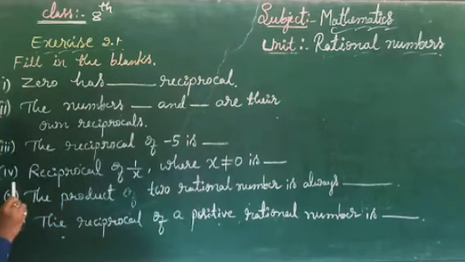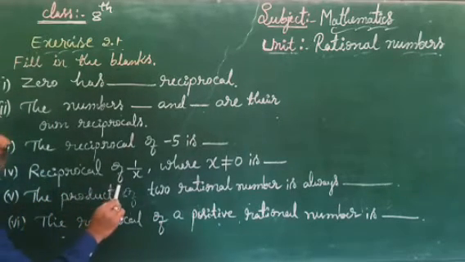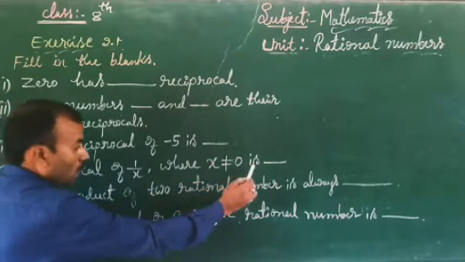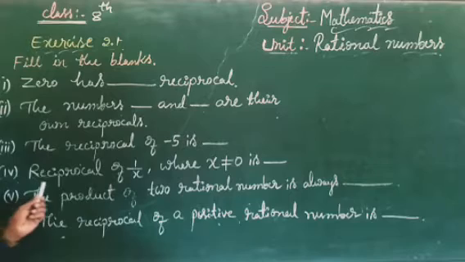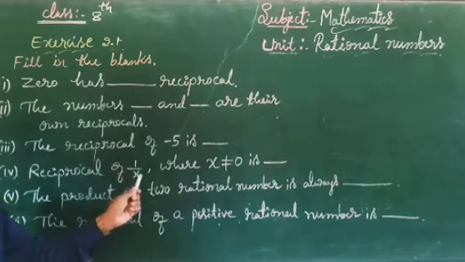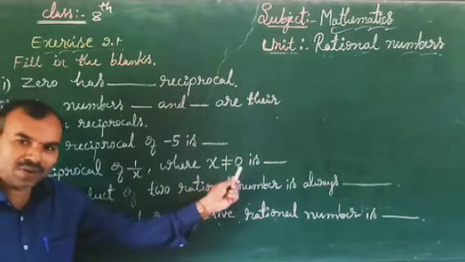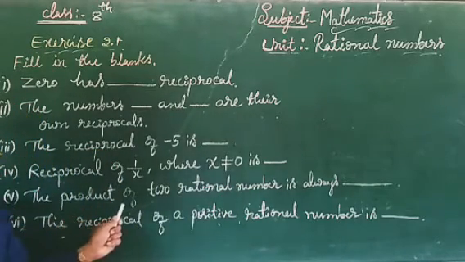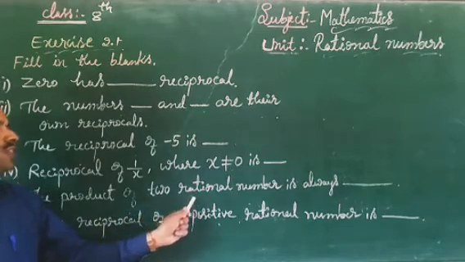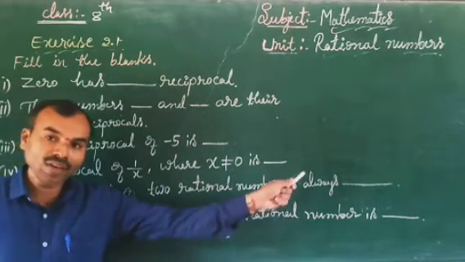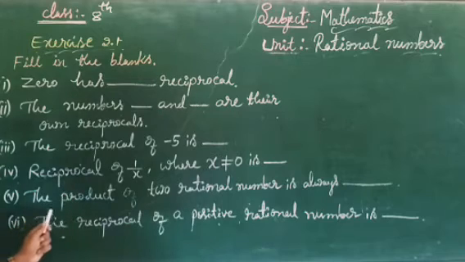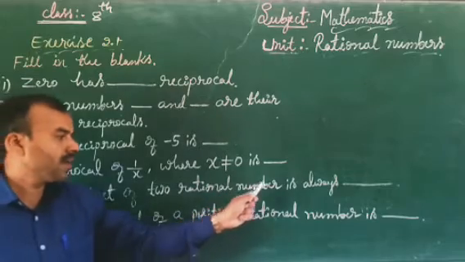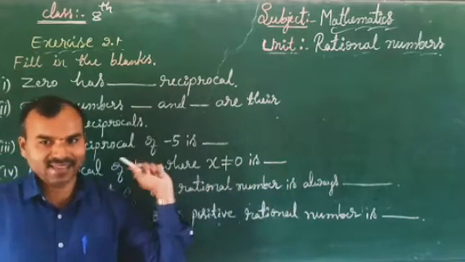Fourth one, reciprocal of 1 by x where x is not equal to 0 is dash. Next, fifth one, the product of two rational numbers is always dash.